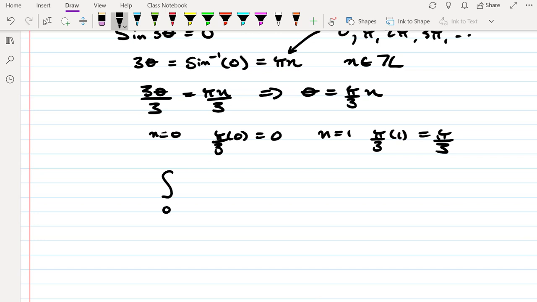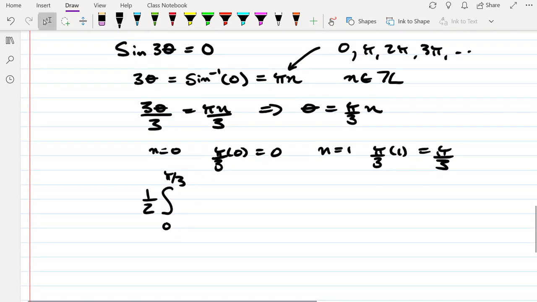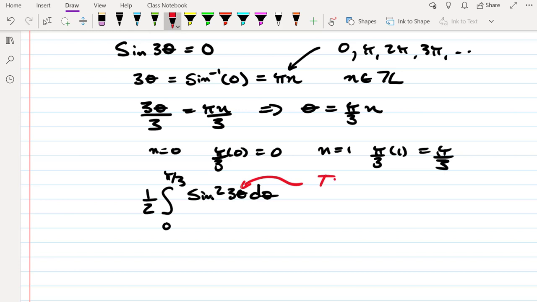And we have the integral then from 0 to pi over 3 of 1/2 r squared d theta. Well, our r is sine 3 theta, so we get r squared is sine squared 3 theta d theta. So then, once again, we're going to need to use a trig identity.